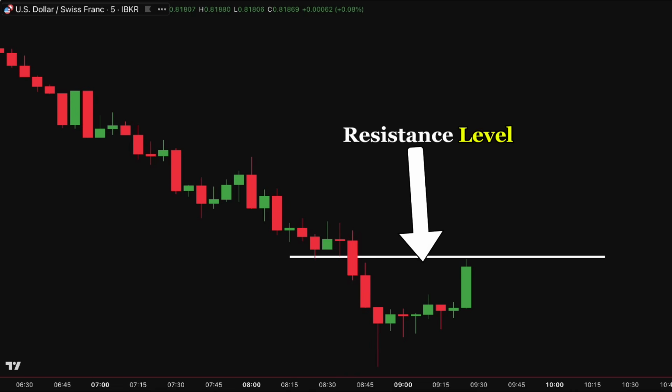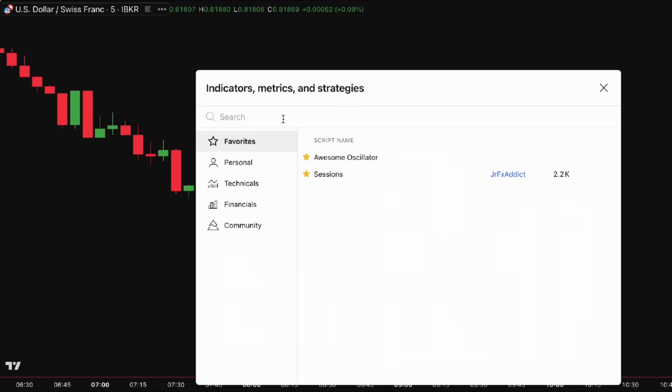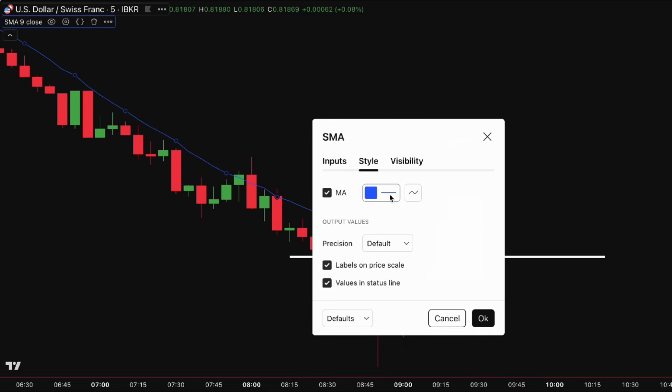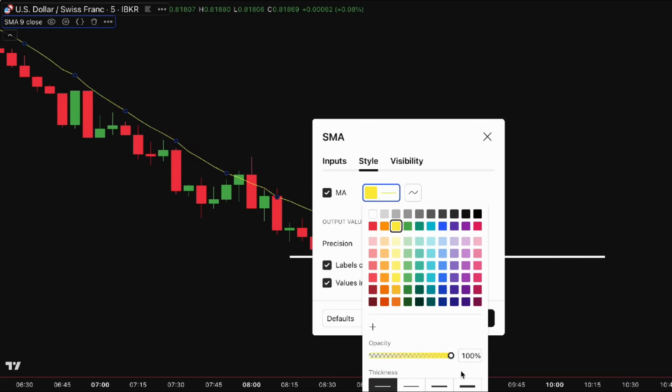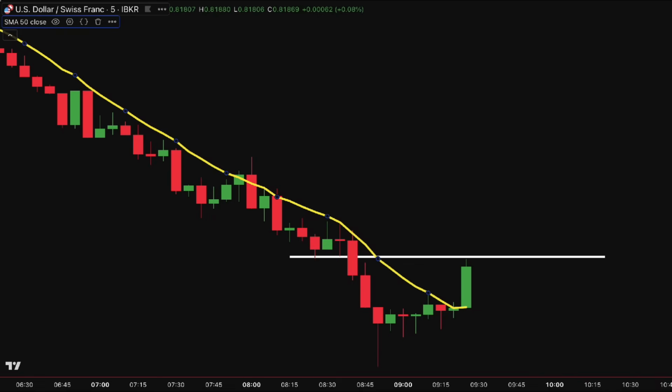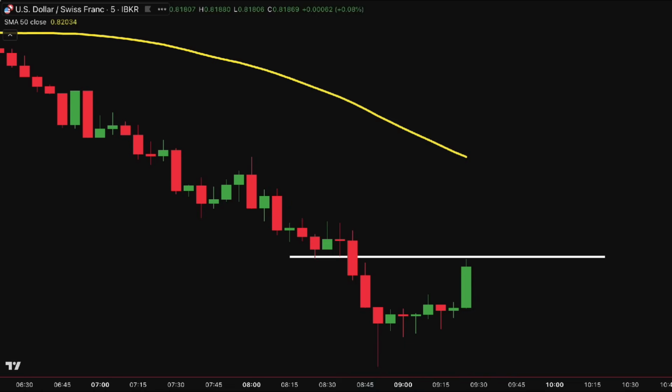Let's take it a step further and add the 50 simple moving average to look for confluence. However, as you can see, the 50 SMA is too far away from price, so it's not useful in this setup.